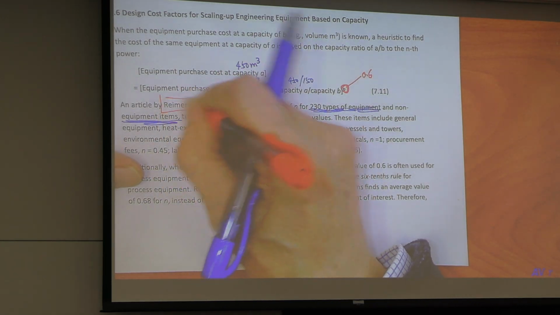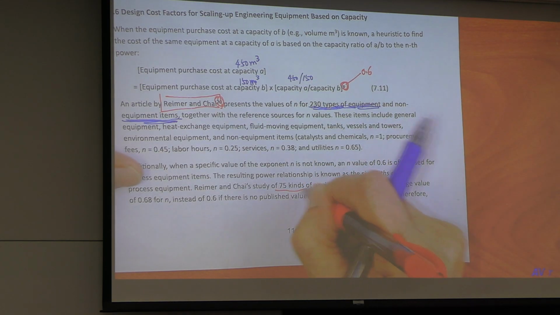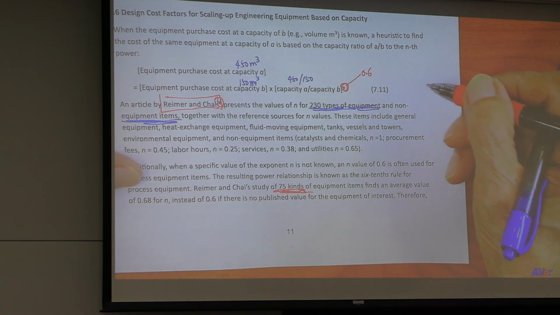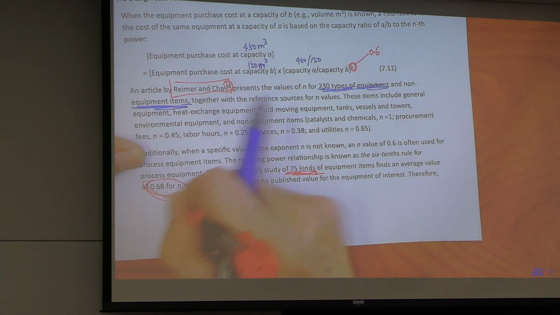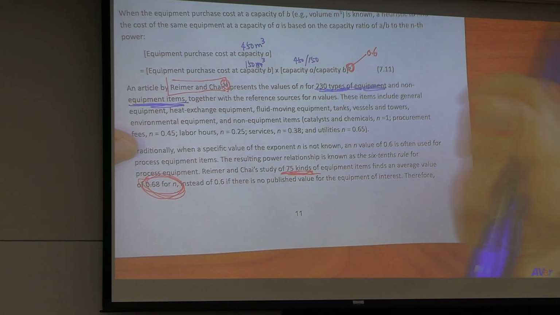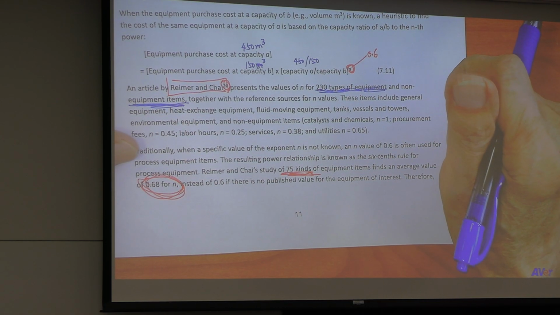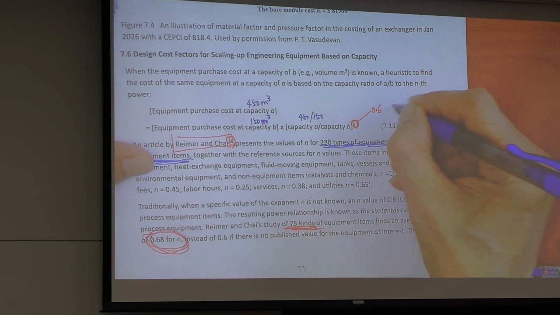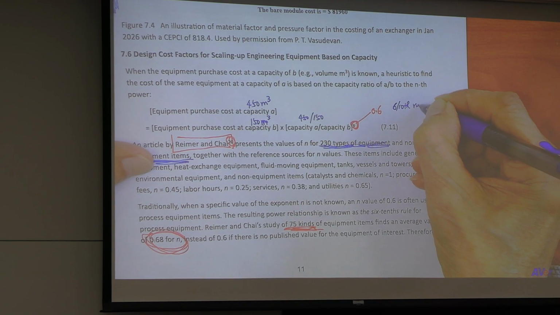But this reference said, for 75 types of equipment, 0.7 is much better. Previously, this is called the 6/10 rule.